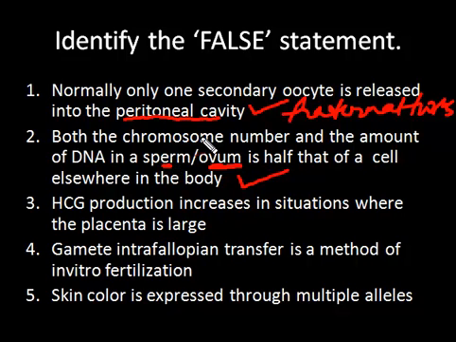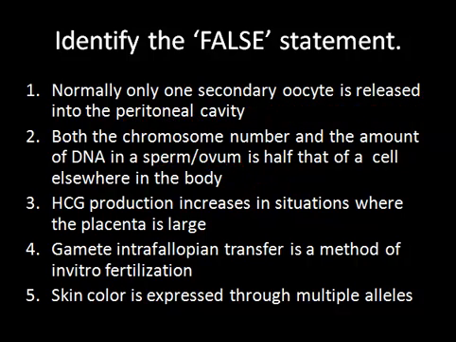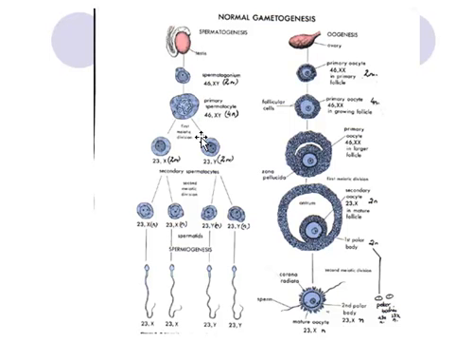And I'd like to show you an image. Here let us look at this picture where we're looking at gametogenesis. So it is spermatogenesis in the male and oogenesis in the female. So we begin with the spermatogonium or the oogonium, and that grows or enlarges and becomes the primary spermatocyte, which you see here.